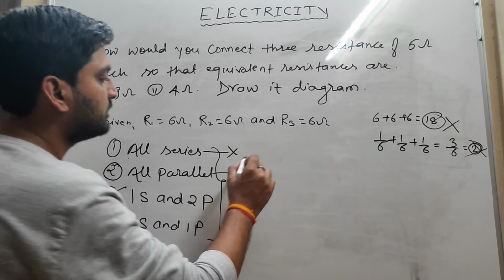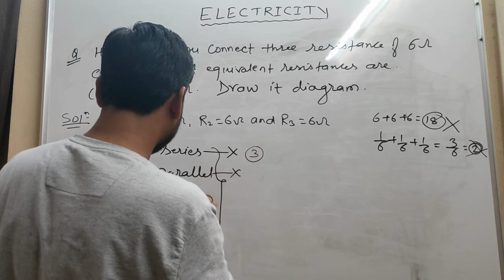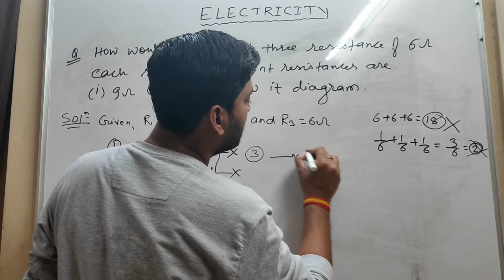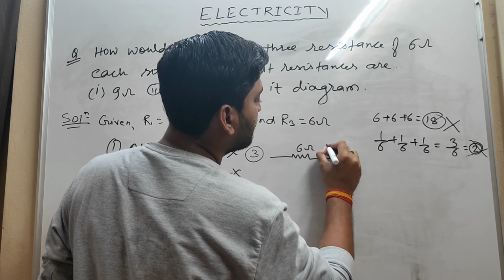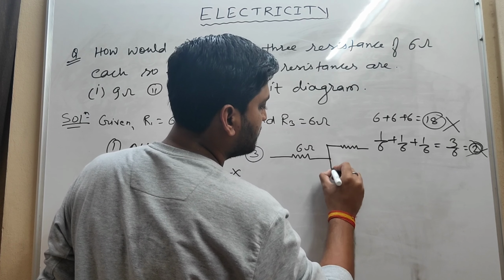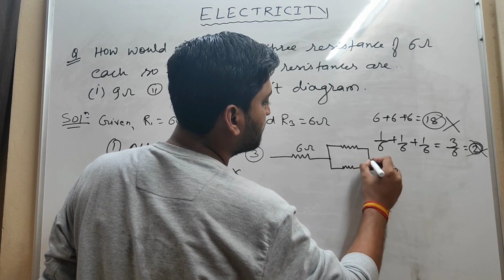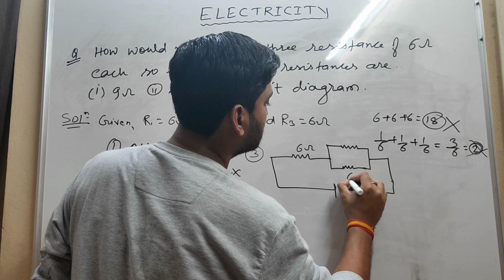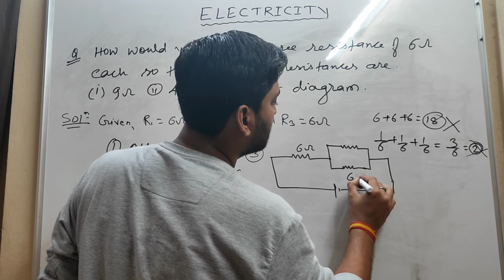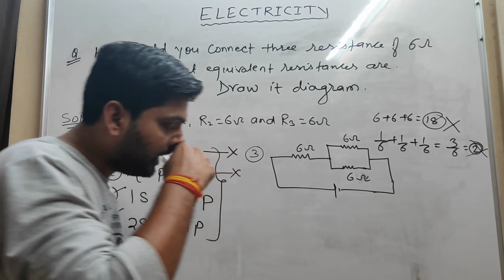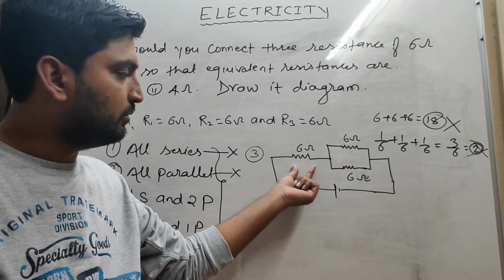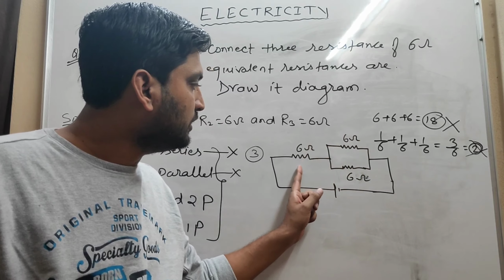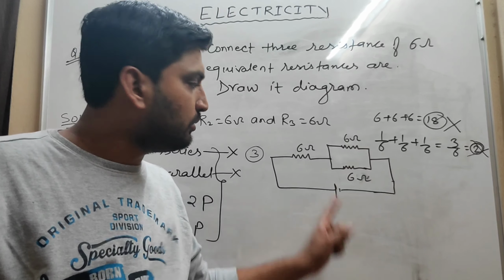Now let us discuss the third option. What is the third option? One series and two parallel. Just before we have solved a problem like this. One series, two parallel, so 6 ohm, 6 ohm, 6 ohm.